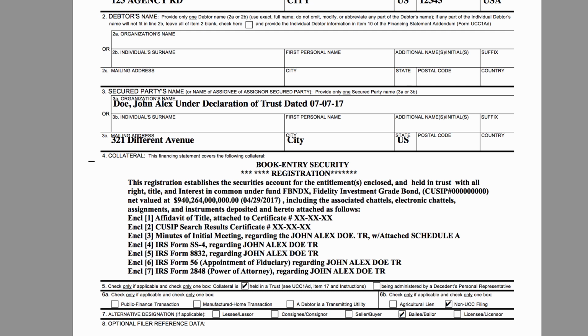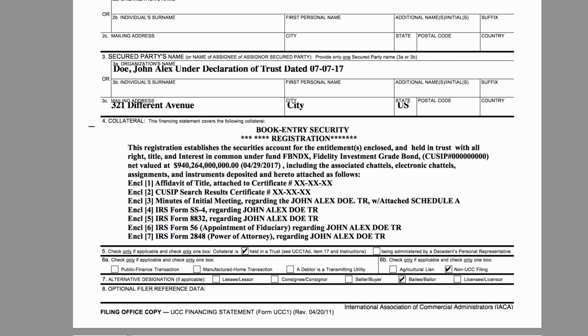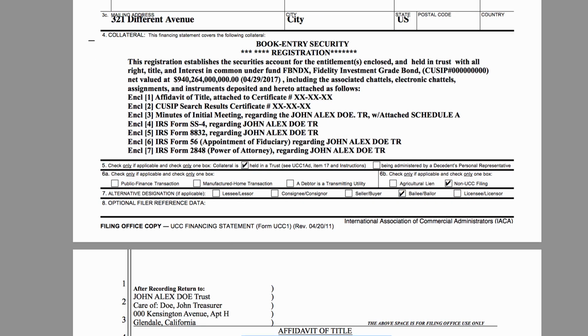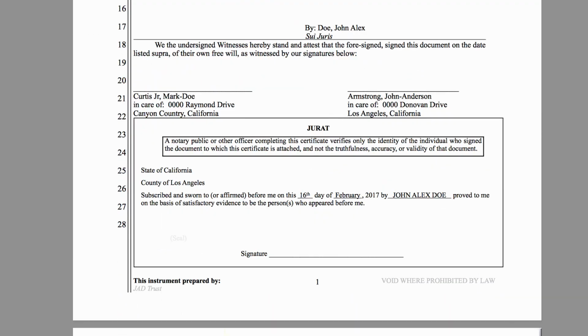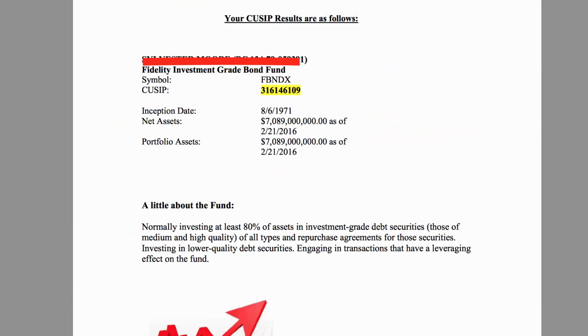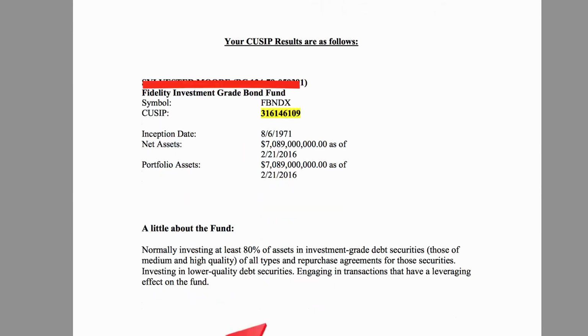So your general executor and your trustee essentially would be the same. That is the function of what an executor does.